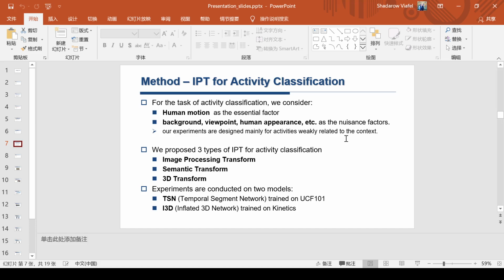Further on, we propose 3 types of IPT for the task of activity classification: image processing transform, semantic transform, and 3D transform. To show the effectiveness of our method, we conducted experiments on 2 models: temporal segment network trained on UCF101 and inflated 3D network trained on Kinetics.